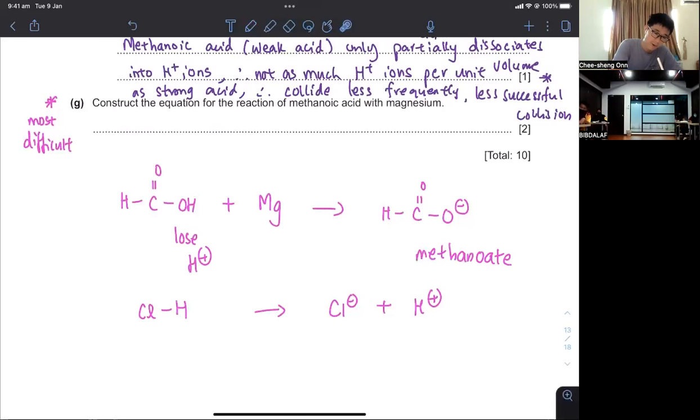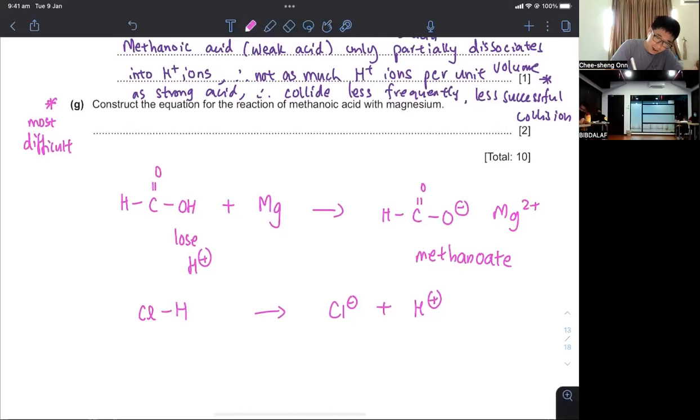So your job now really is the H plus is replaced by Mg cation ions. The formula of Mg cation ions from a group 2 metal is Mg2 plus. And you have a problem now. The problem is people write down the formula as if they will cancel. But if this is Cl minus and Mg2 plus, you know they don't cancel.